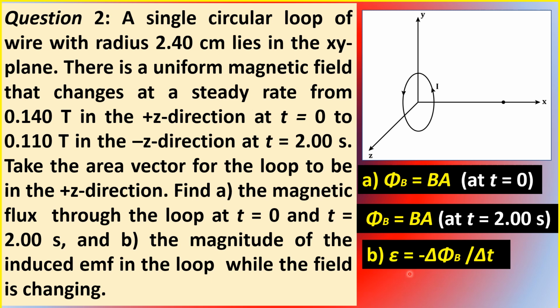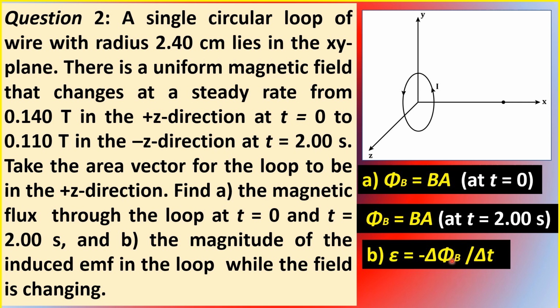The formula for determining the magnitude of the induced EMF, represented here by the Greek letter epsilon, is equal to the negative delta phi divided by delta t. Negative delta phi means the change in the magnetic flux, divided by the change in time.